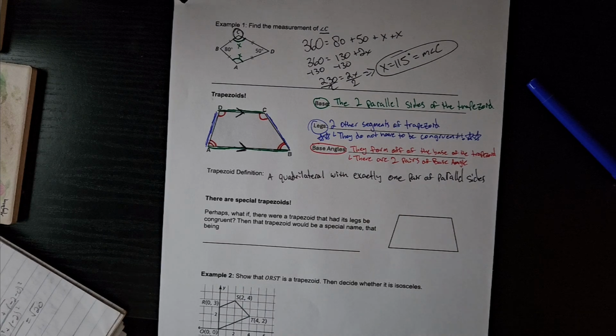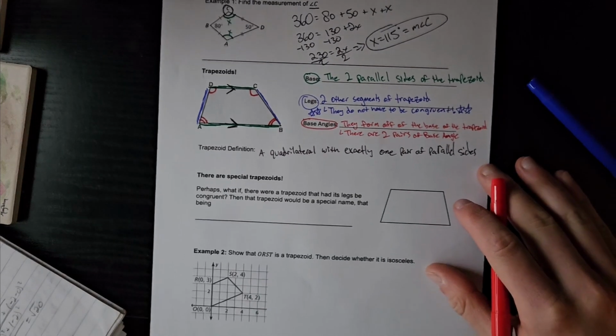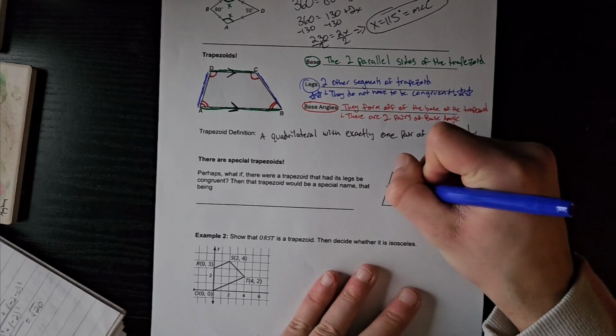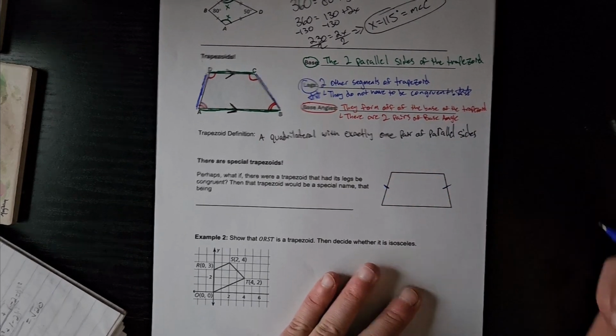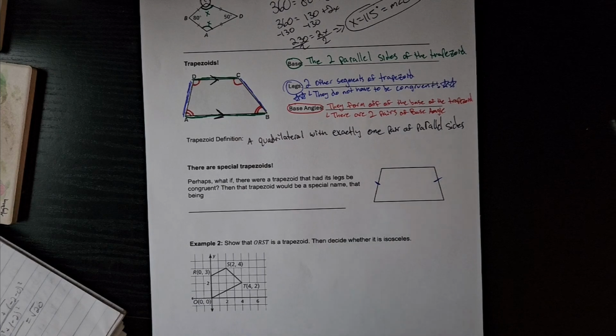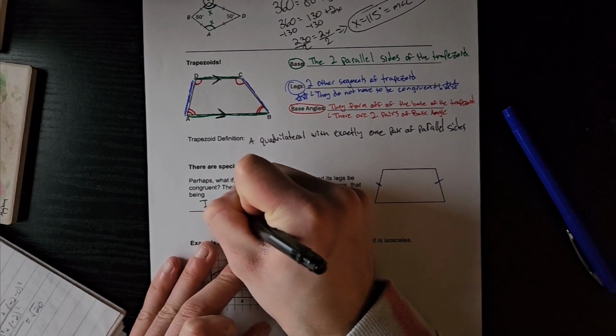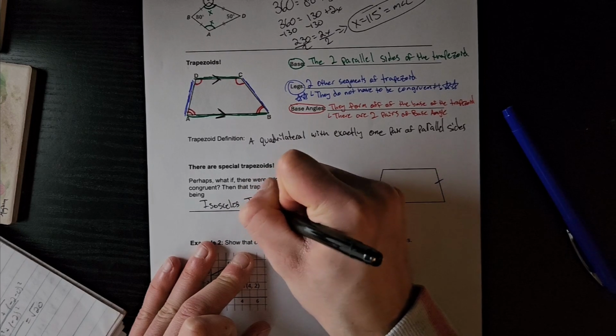Now, we can say that there perhaps is some kind of isosceles trapezoid, and this is where I'm getting at, because there is a special case of trapezoids where the legs are congruent. This is known as an isosceles trapezoid.